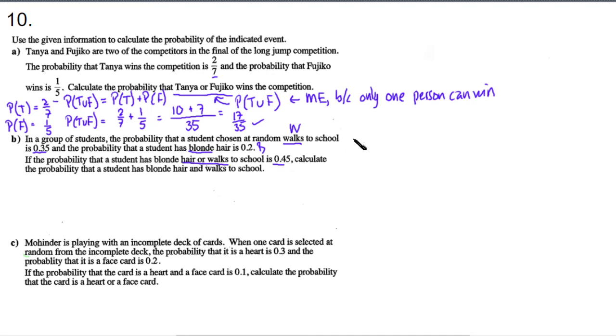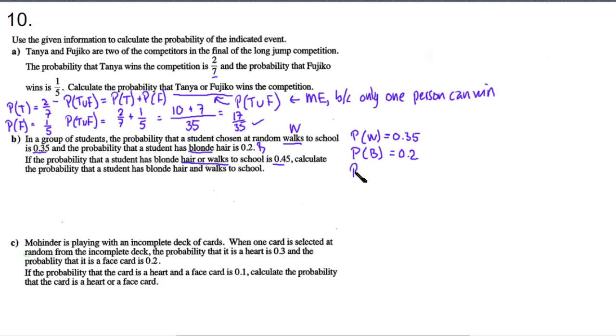So we have the probability here of walking to school. That is 0.35. We also have the probability of being blonde haired. That is 0.2. We also have the probability here of the student having blonde hair or walking to school.